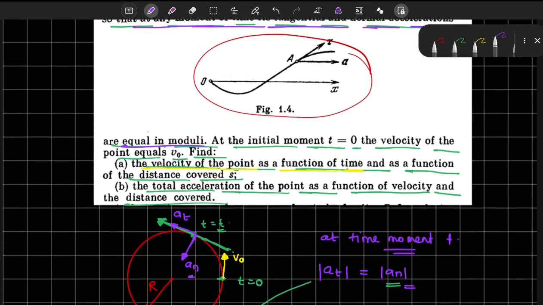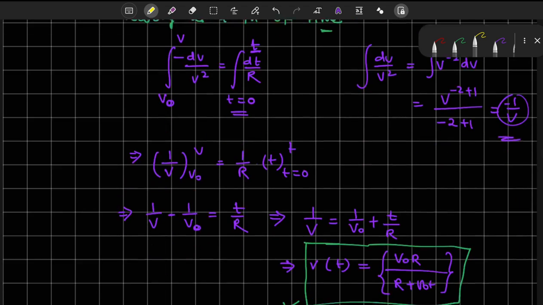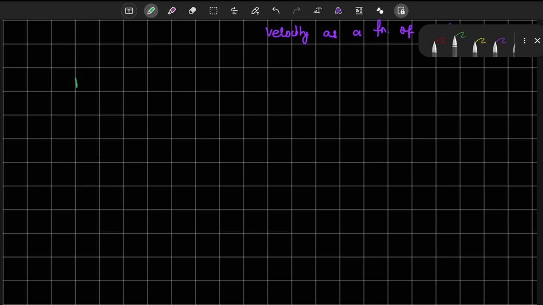Now let us come to the second part of the problem. In the second part, it is asking to find the total acceleration of the point as a function of velocity and distance covered. Okay. So we know that in the B part, the modulus of tangential acceleration is equal to normal acceleration. Okay.